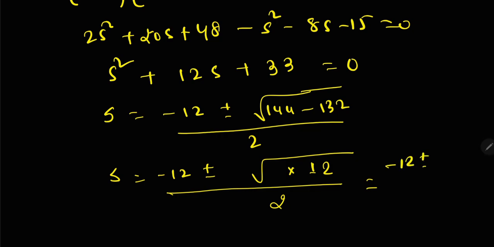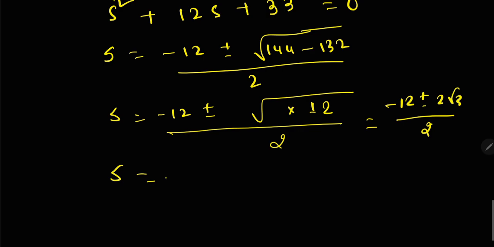Minus 12 plus minus 2 root under 3 upon 2. That will be s is equal to minus 6 plus minus root 3.